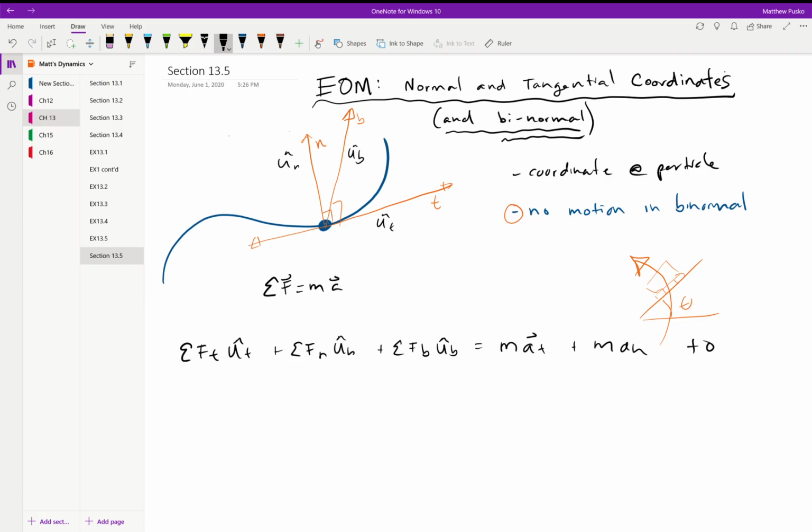And these are vectors. Each one of those has a direction, as well as all of those are unit vectors with a summation of forces multiplied in front.